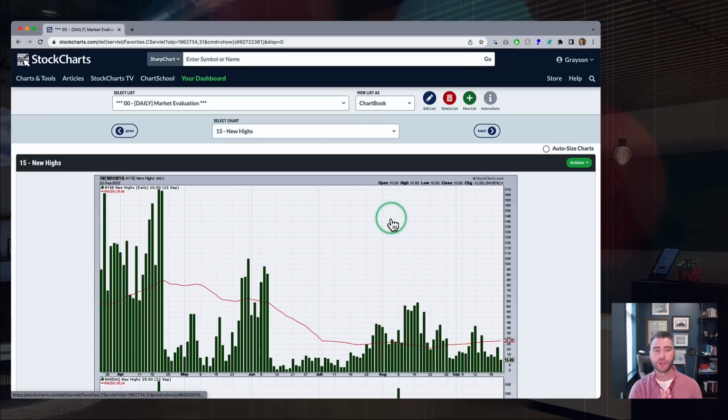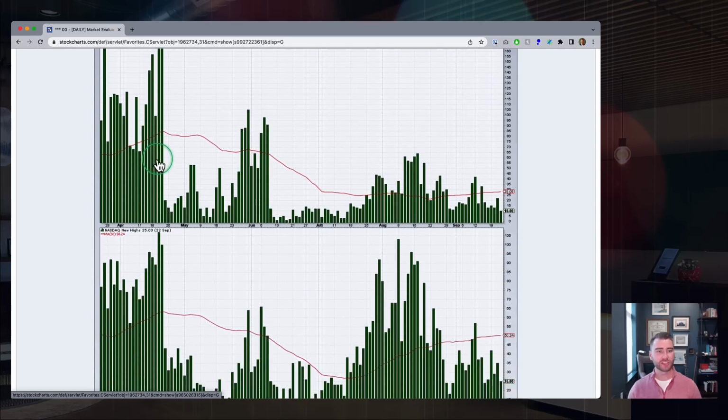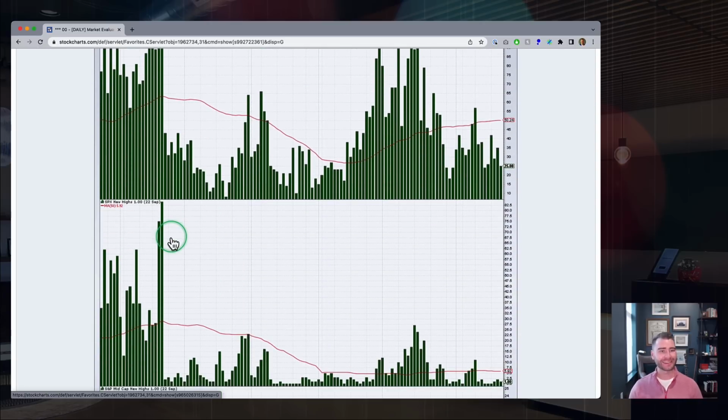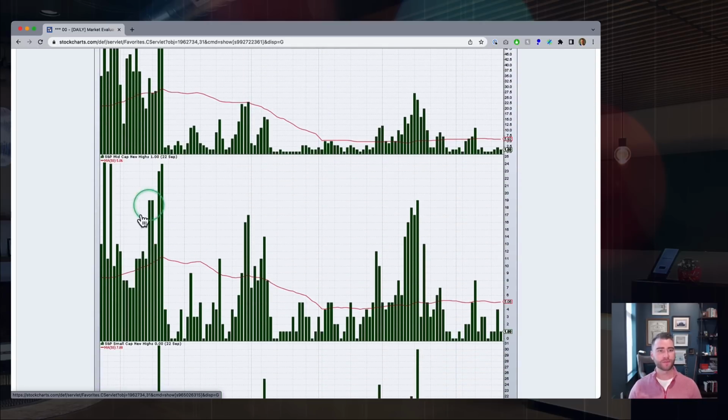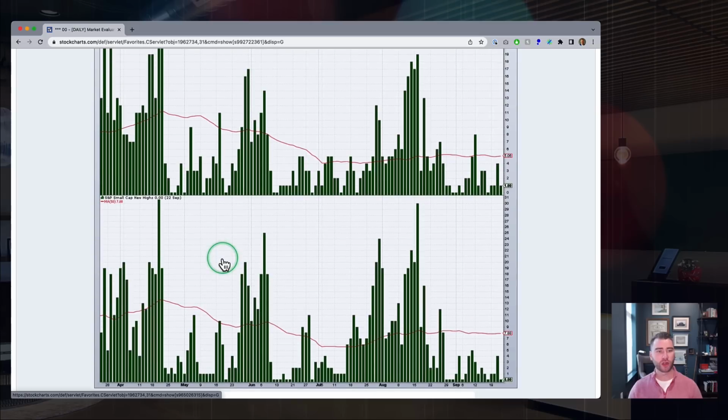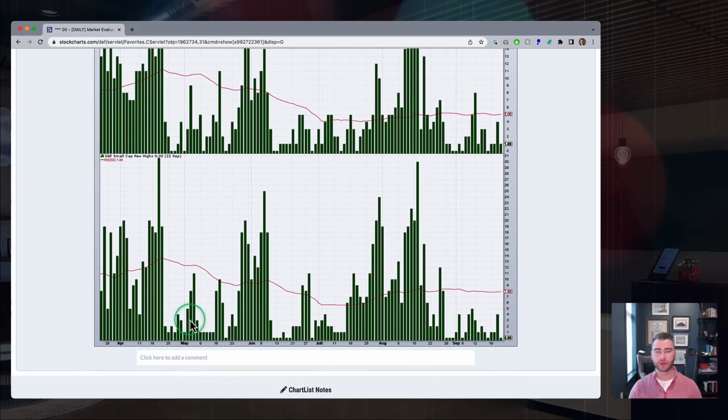Anyways, we do a couple of other things here. We look at new highs. We've got new highs in the NYSE specifically, also in the NASDAQ, also in the S&P 500, then in the mid cap S&P 400, and the small cap S&P 600. This is an interesting chart. If you just kind of look at this for the first time, it might not be too important.